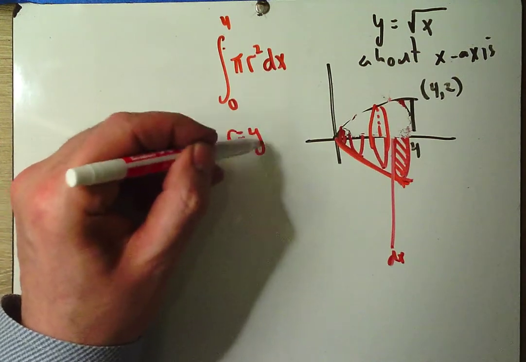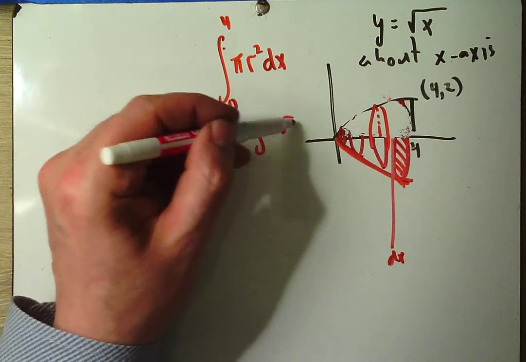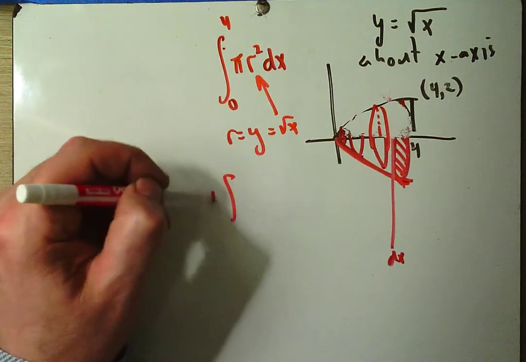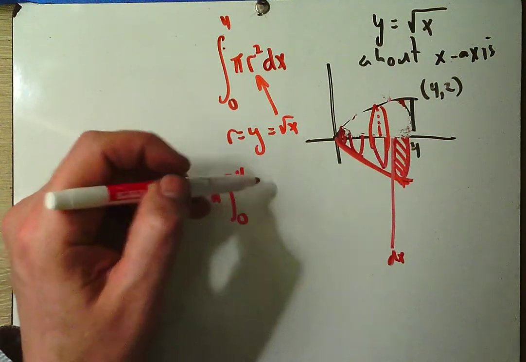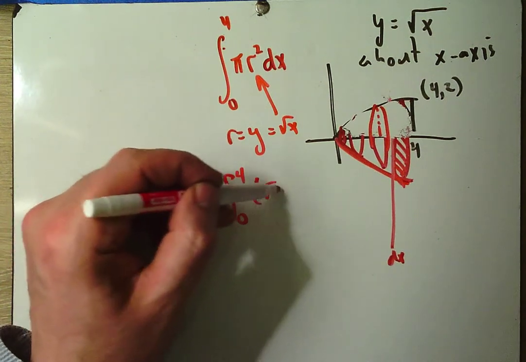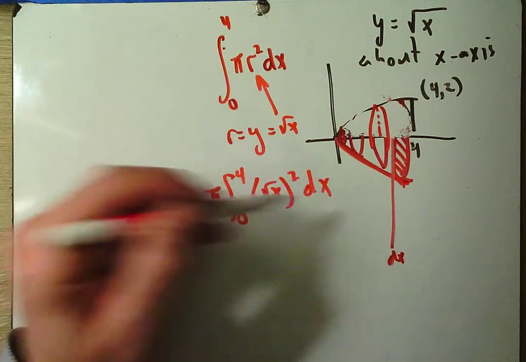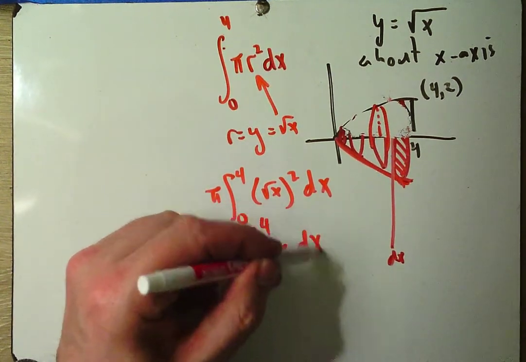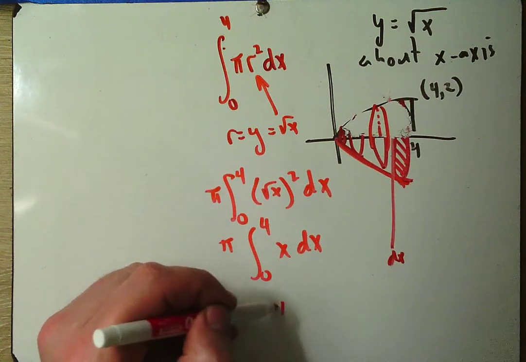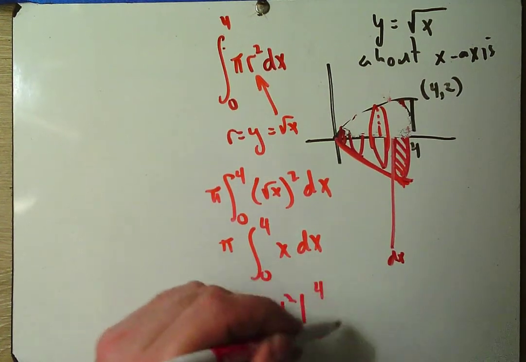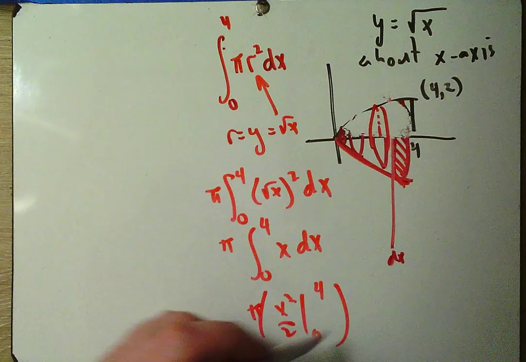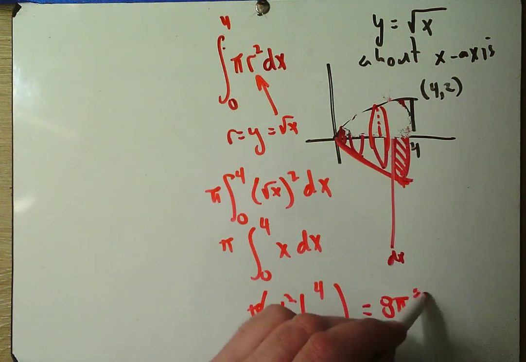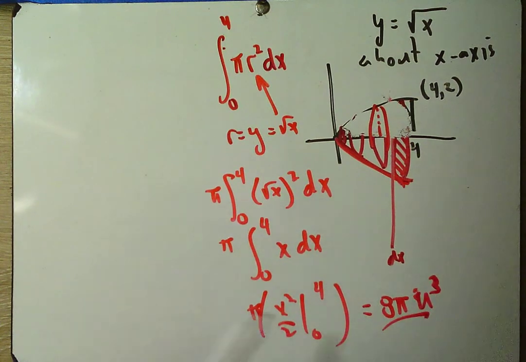The radius is the y value, and the y value is square root of x. And we want pi r squared here. So we're going to pull out that constant, go 0 to 4 of square root of x squared dx. Talk about easy calculus. The antiderivative of x dx. So x squared over 2 from 0 to 4, don't forget the pi, 16 over 2, or 8 pi, not pi squared, units cubed, volume.